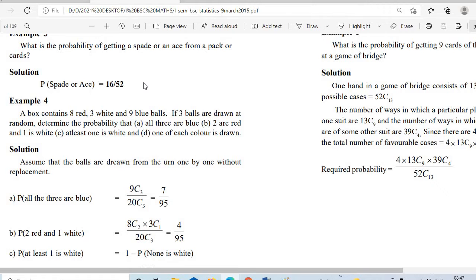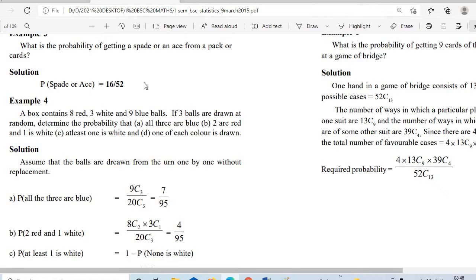Out of these 52 cards, 4 different categories of cards are available: spade, heart, diamond and club. Spade means there are 13 spades. But the possibility is there that it may be an ace.